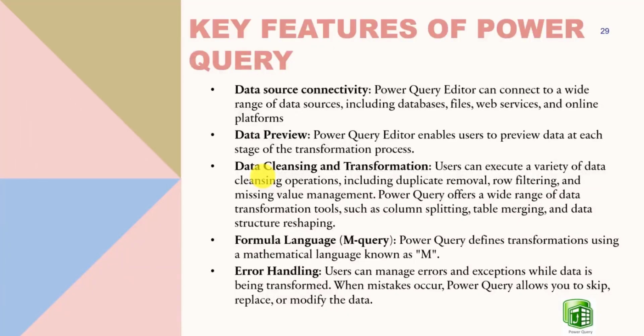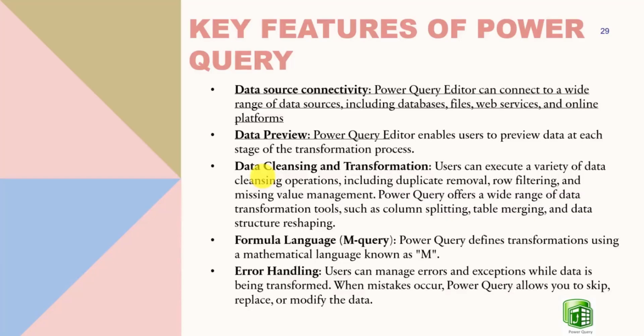So, the first key feature is data source connectivity. This feature connects to a wide range of data sources, which includes databases, files, web services and online platforms. Also, it streamlines the process of importing data from many sources into Power BI or Excel or Power Query Editor directly.